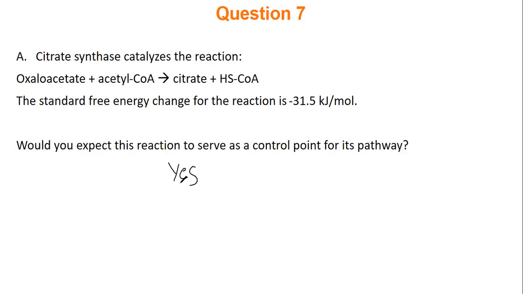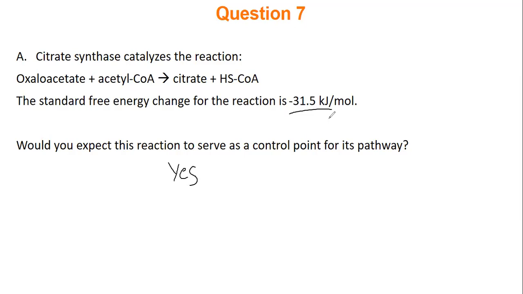Because I'm sure up to this point in your careers, if I said a delta G of minus 31 versus a delta G of minus 5, that might not sound like a lot to you at all. But once you get a sense of these things, that's a huge change. So when you're looking at delta G, something that's like minus 20 or above, even like minus 15 or above, that's a huge number.